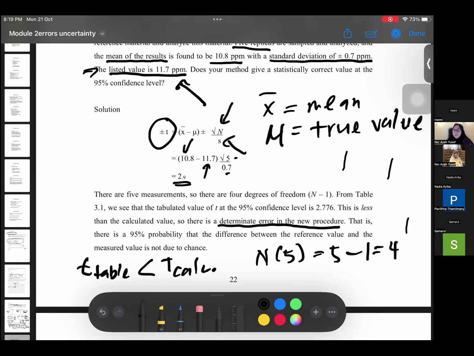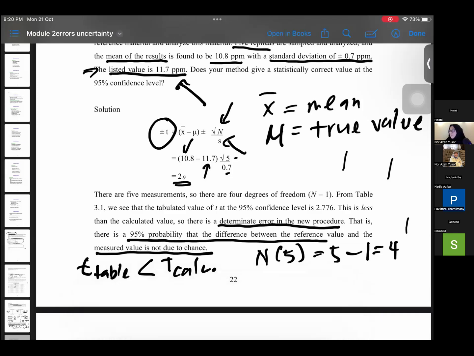There is a 95% probability that the difference between the reference value, the value listed on the container, is not accurate, or probably your method is not accurate because this is a development of a new method. It's not due to chance. There is a determinate error happening during the analysis. So this is the conclusion from the first t-test.